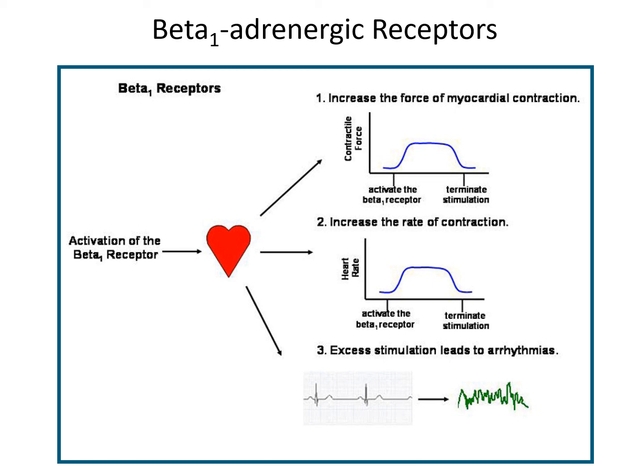When the beta-1 receptors are stimulated by adrenergic drugs, they produce increased contractility, and we refer to that as a positive inotropic effect. And I'll spell that word inotropic for you.